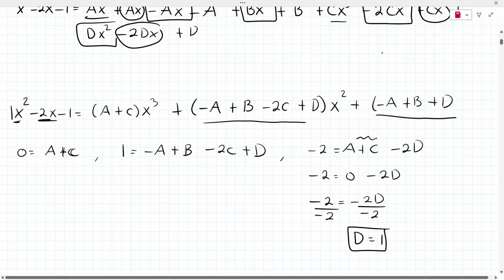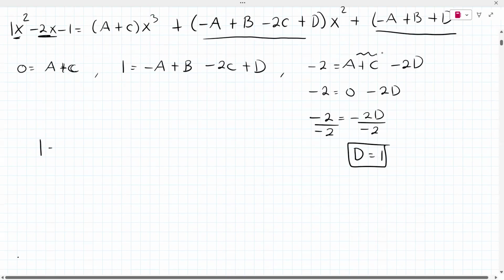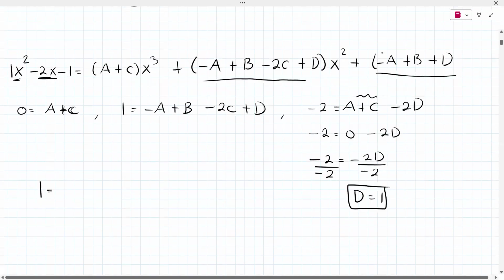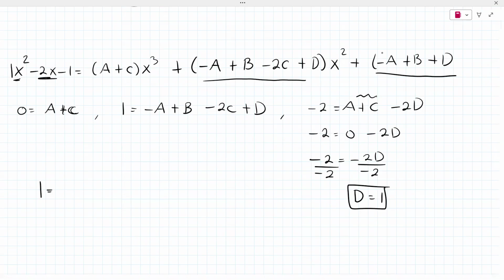We know that 1 equals negative a plus b minus 2c plus d. And we know that d is 1, so it's going to be negative a plus b minus 2c, and our d is 1.